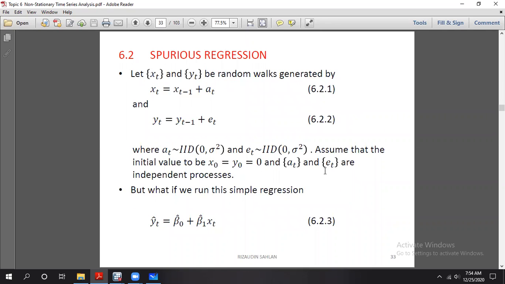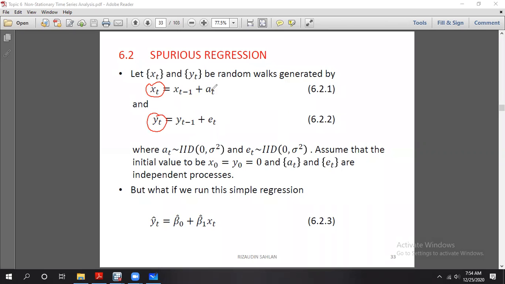To understand the meaning of spurious regression, let's say we have two time series, the series x_t and the series y_t, and both series are generated by a random walk model.